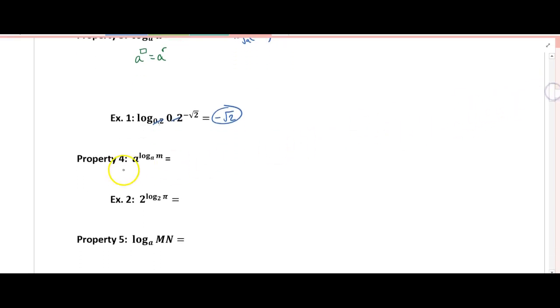The next property is if I take a to the log base a of m, what is that going to give me? If you think about it, it's going to give me m.